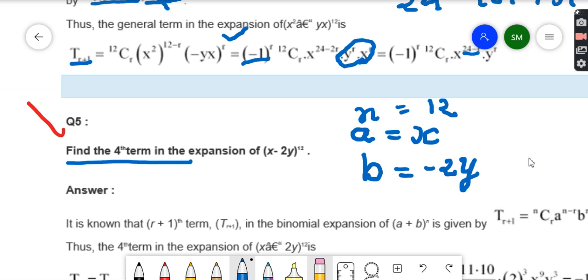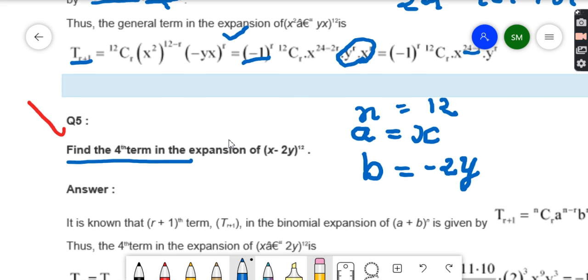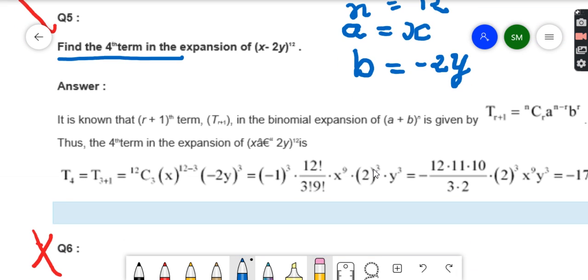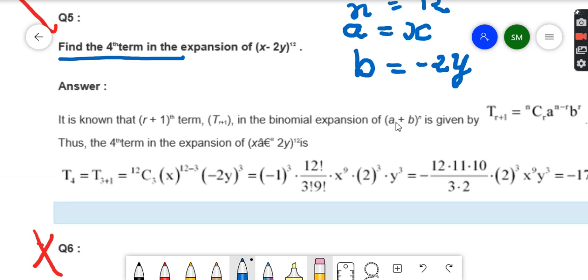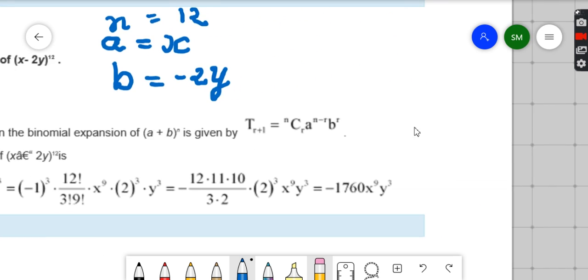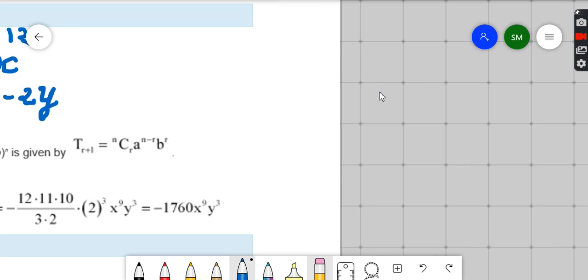So first of all I will write down my general term. I am not bothered about the fourth term yet. So what will be the general term? I am writing over here tr plus 1.